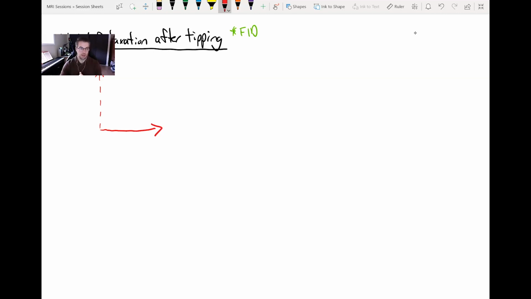So yes, the B1 magnetic field is applied at a bandwidth of frequencies centered on the Larmor frequency. That'll come up again when we're talking about slice selection, which is a little bit later. Thanks for that question.